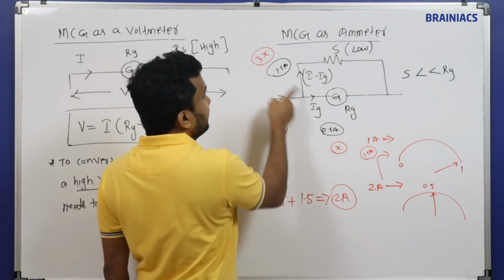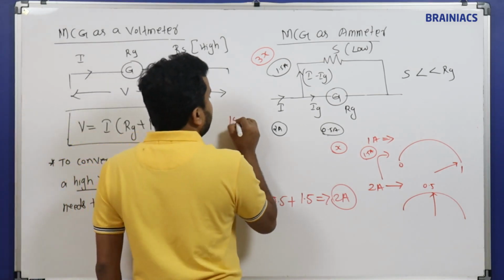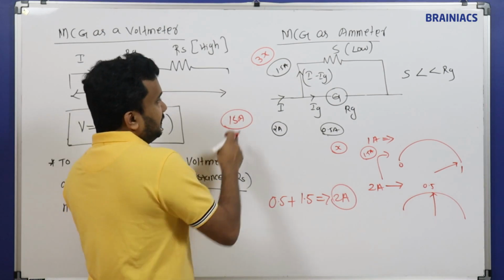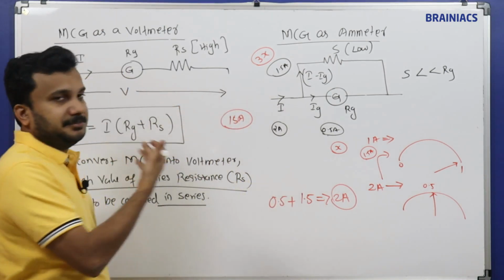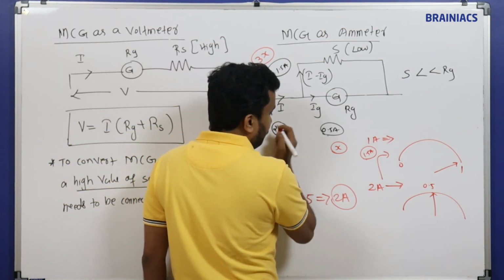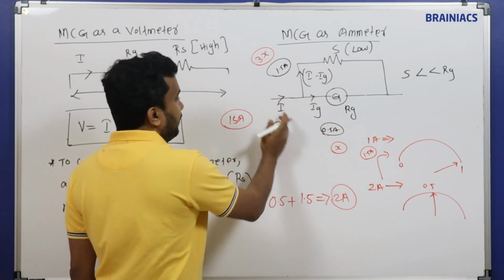Now we know this ratio is 3x times. 3x times means if I am giving 15 ampere, the current will be here. This is 3x times, this is x times, because it is 3 times higher. So how much current will be passing through this one? If I am giving 2 ampere, 0.5 is passing.